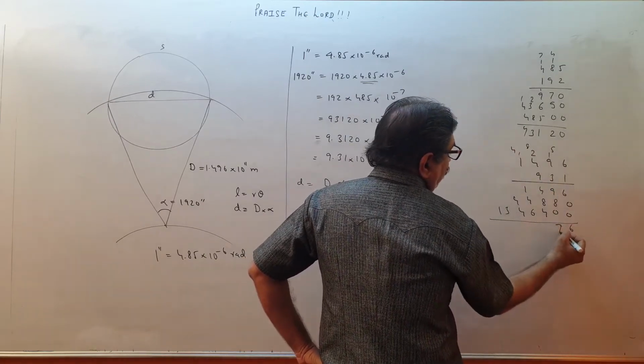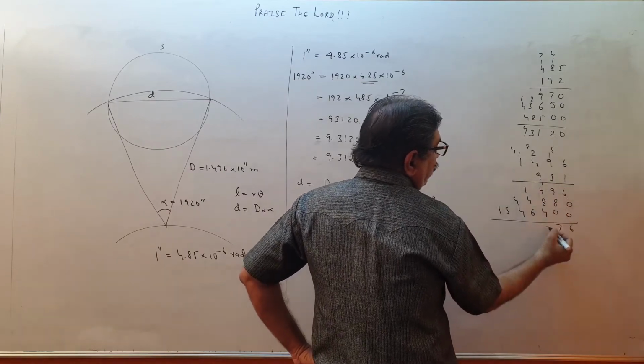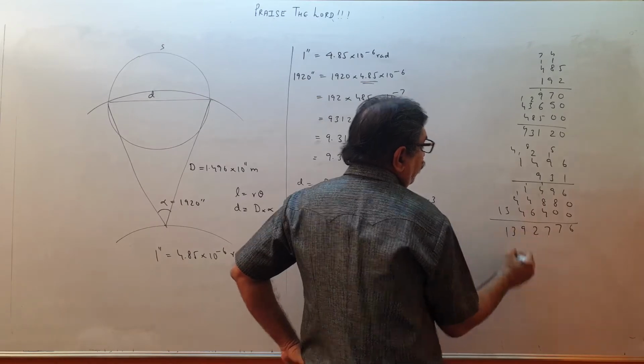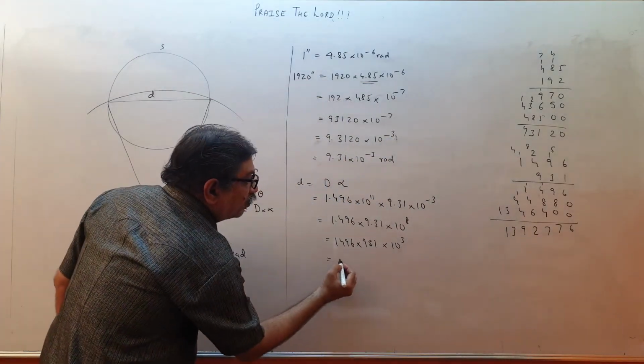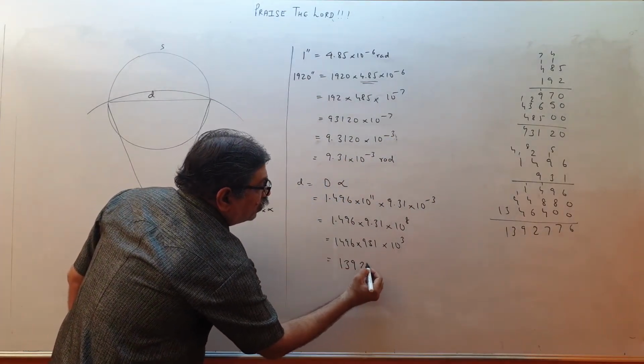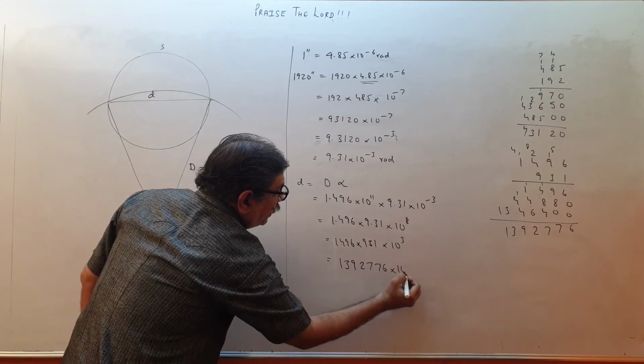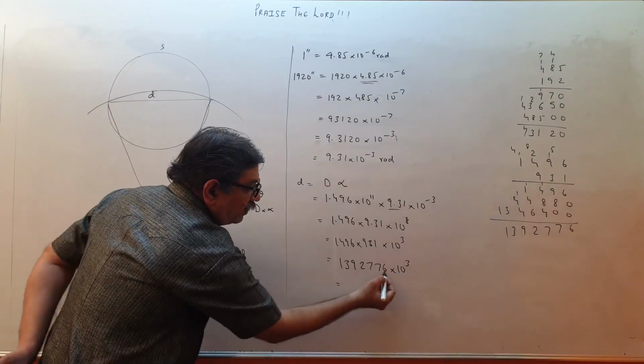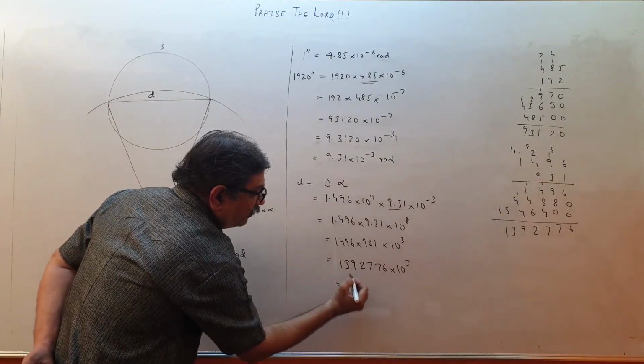So 6, 17, 5, 5, 13 and 17. 2 and 6 is 12. 9, 3, 1. So children, this is coming out to be 1392776 into 10 cube. I have got only 3 places, so I shift 1, 2, 3, 4, 5, 6.